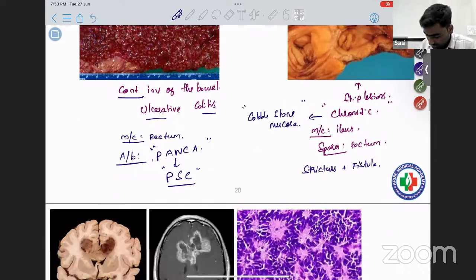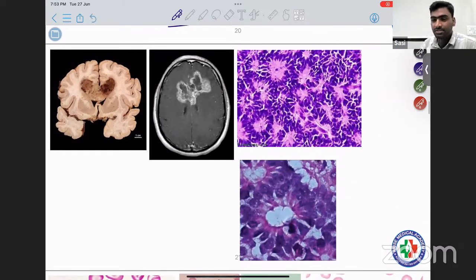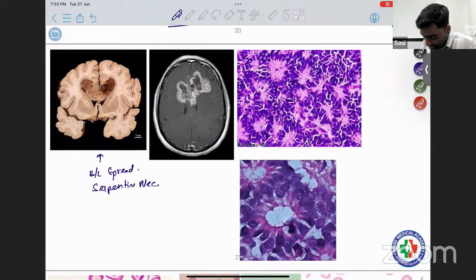Fine. Next one. If you move on to this image, which is mostly about brain tumors, you need to remember just a few things, one of which is repeatedly tested. What is this tumor in which there is a bilateral spread, with serpentine necrosis, which spreads like a snake, along with involvement mainly of the frontal lobe?